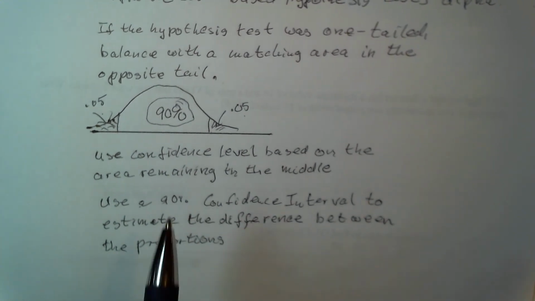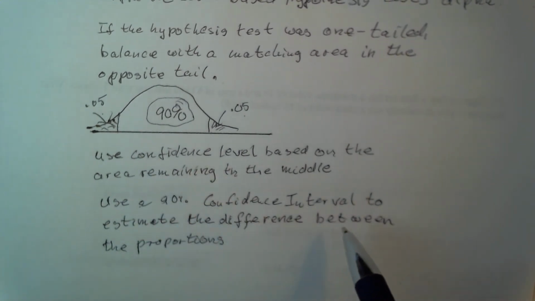So again, for this example, we use a 90% confidence interval to estimate the difference between the proportions.